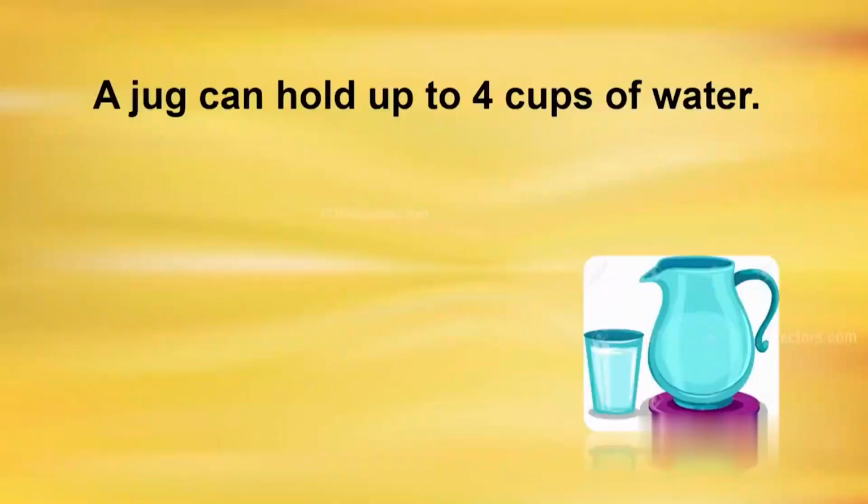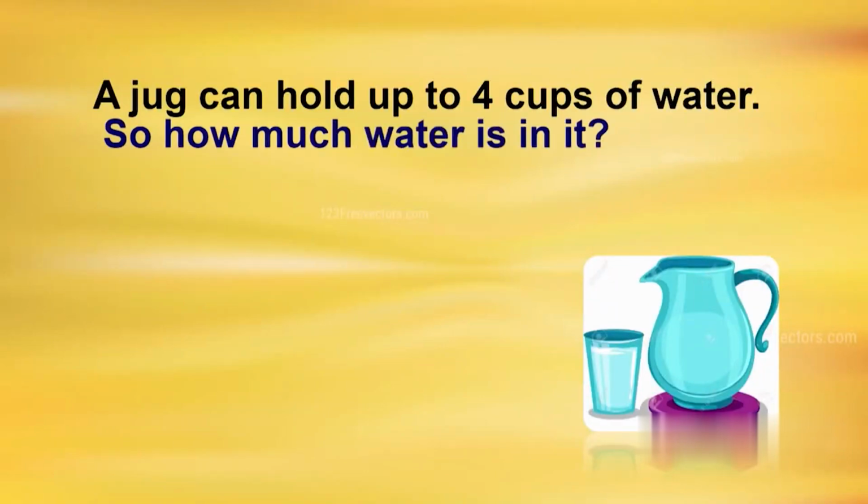Now, when we think about how to build up an inequality using the greater than or equal or less than or equal symbols, look at the slide again. A jug can hold up to 4 cups of water. So how much water is in it?